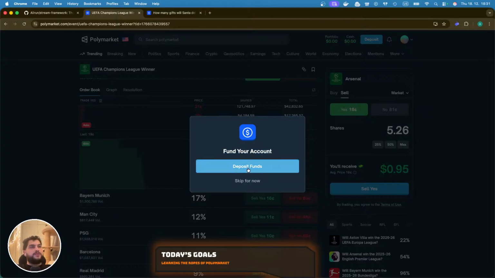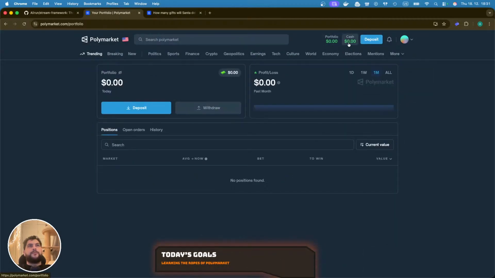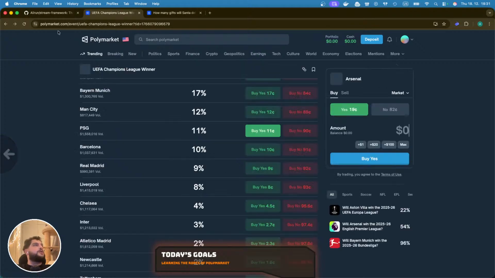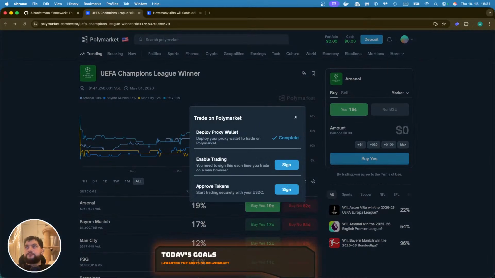Deposit funds for now. So we are here. Okay, let's go back to our market. Okay, so we apparently deployed the proxy wallet. We are gonna figure out what that is.